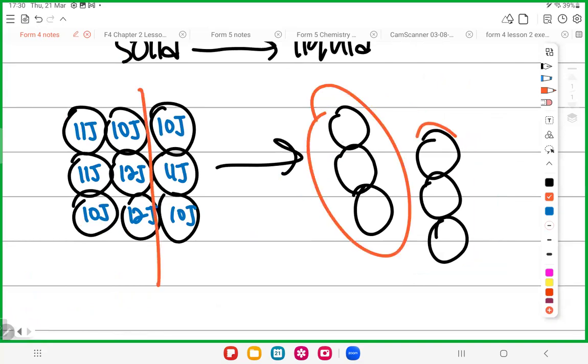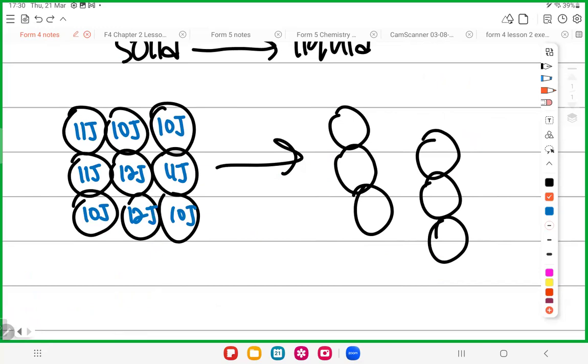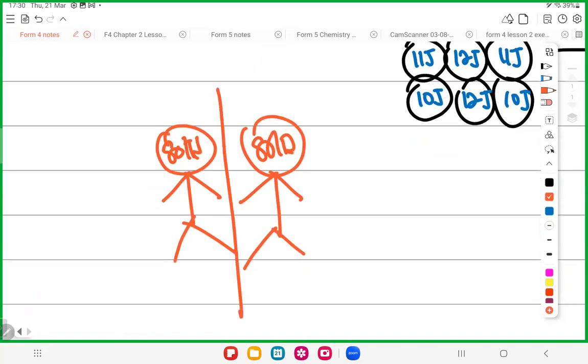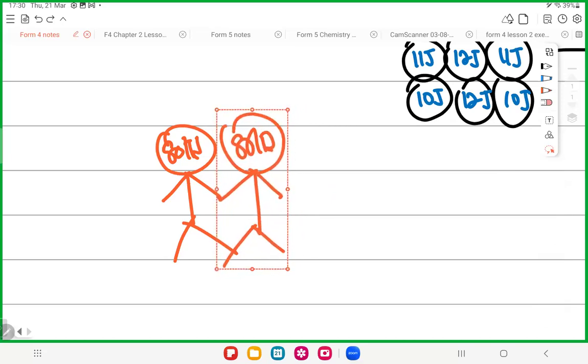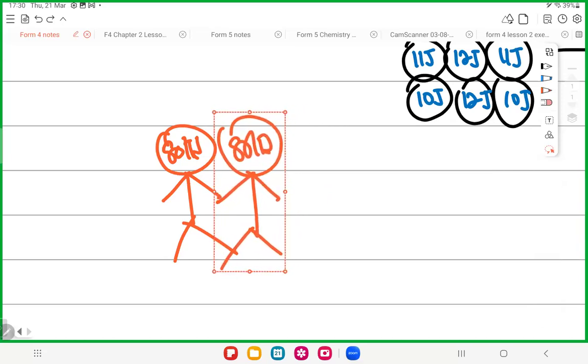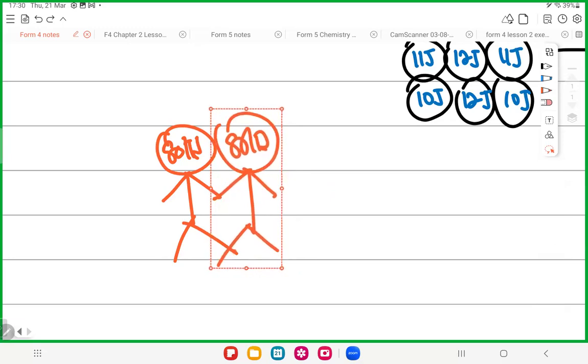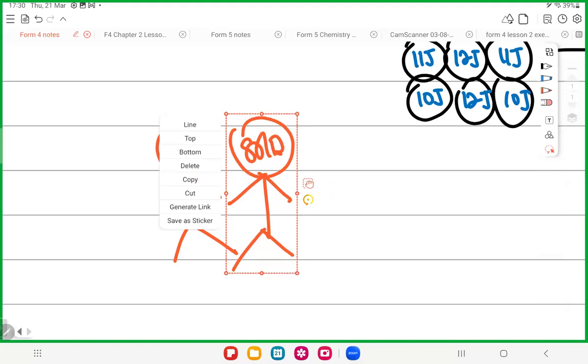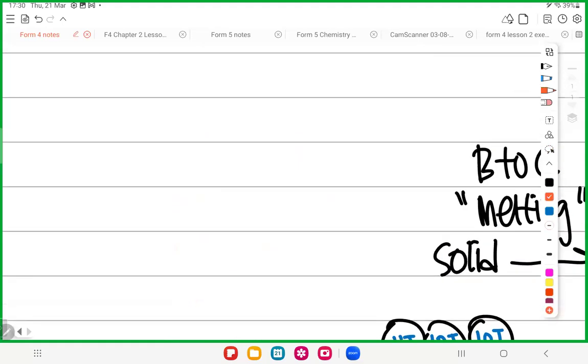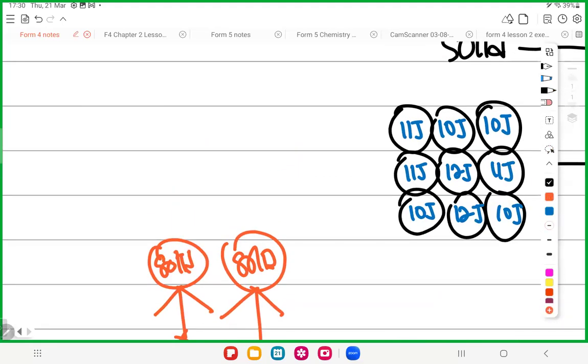If you want to break them apart, you need to use energy to help you, because when two people are holding their hands tightly and you want to separate them, you need something to help you. So what is the something here? You can use the heat.